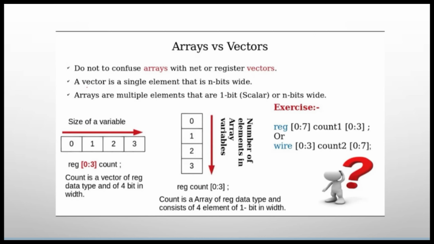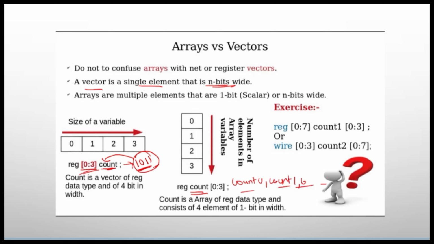A vector is a single element that is having n bits. Here, count is a single element which is 4 bits wide. Count will be 1011, so this is my single element, 4 bits wide. Now, for the array, count is not a single element; rather it represents count 0, count 1, count 2, count 3.